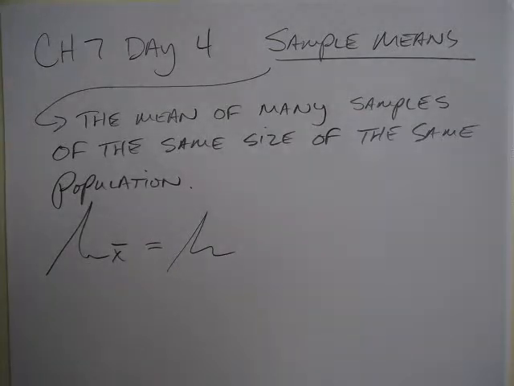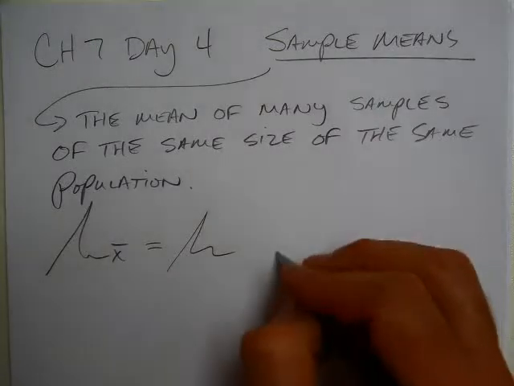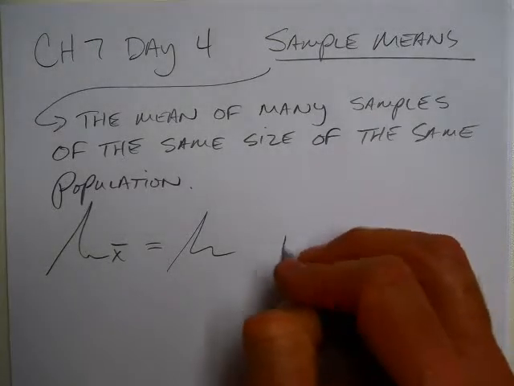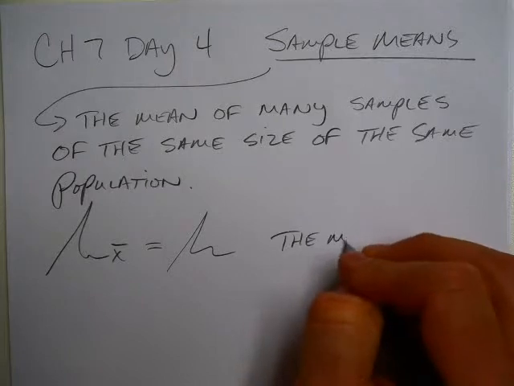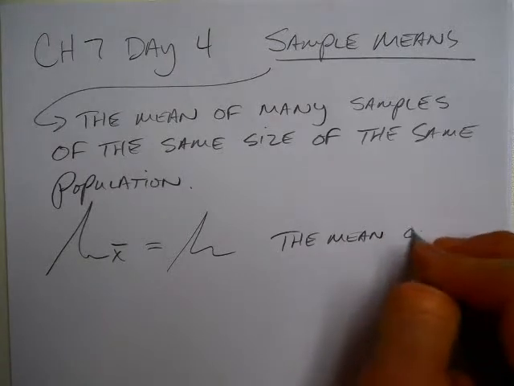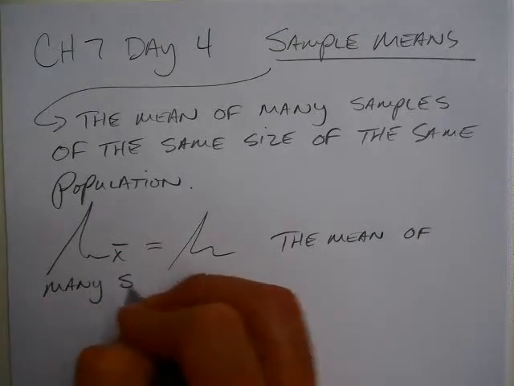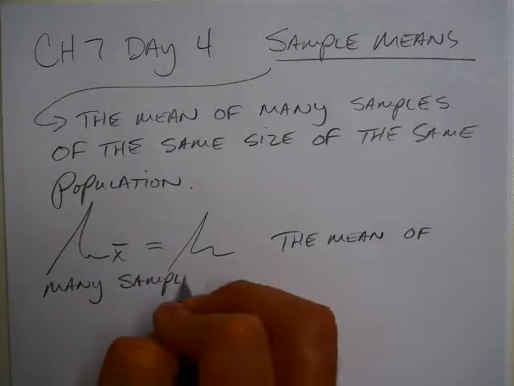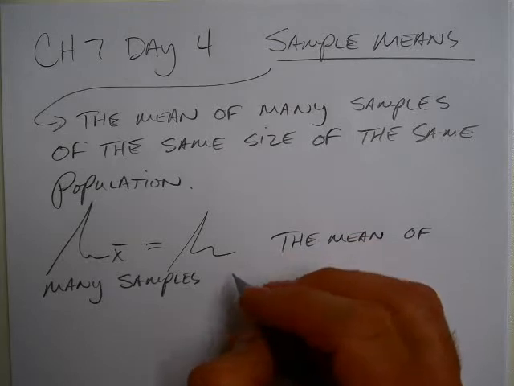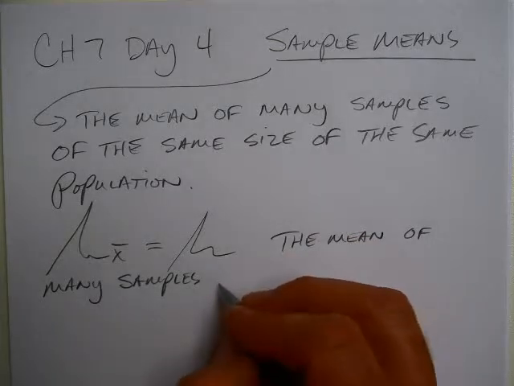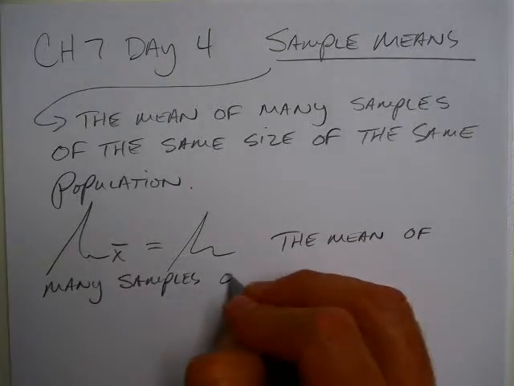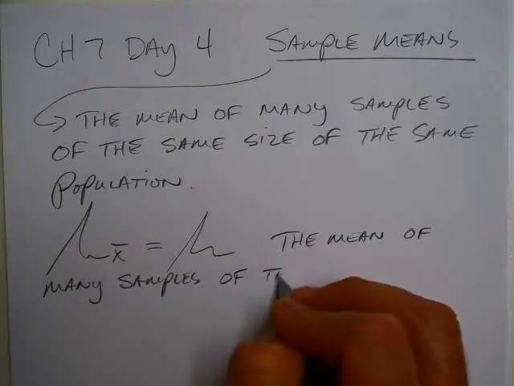So mu of many samples, the average of many samples, equals the average of the population, the mean of many samples of the same size from the same population. That's important.